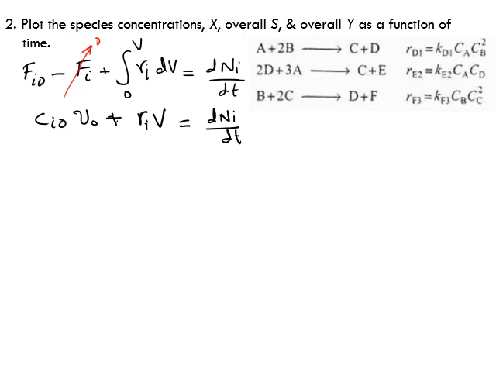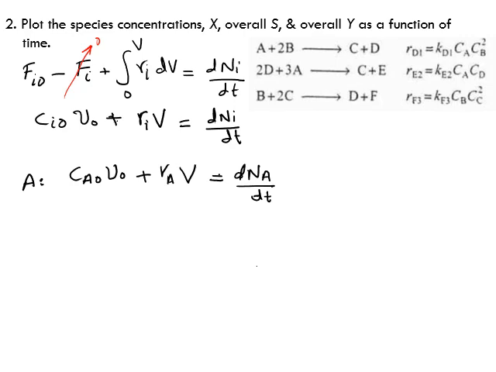Let's start with A. For A we have Ca naught, where naught is for the entering, times epsilon naught plus Ra times V, and V is a function of time, equals dNa by dt.